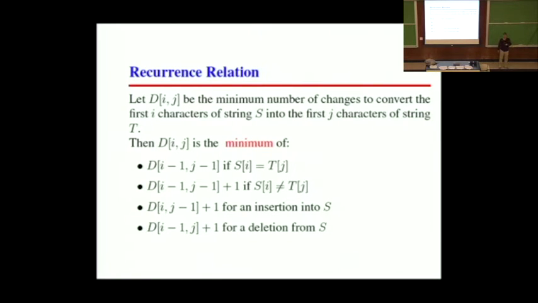Yeah? Could I say it again? Okay? My claim is that this is a recursive algorithm because why? Edit distance takes two strings and returns the cost of transforming one into the other. If I shorten the strings, okay, I end up getting an edit distance on a smaller problem.